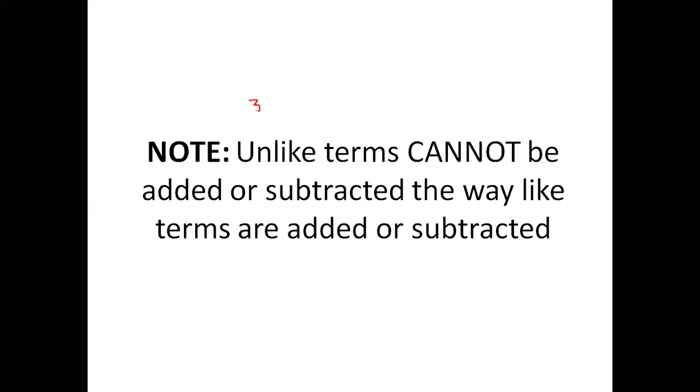So in case I have 3x and I have 5y, these both terms are not the same. They both are different. So when they are different, we call them unlike terms.